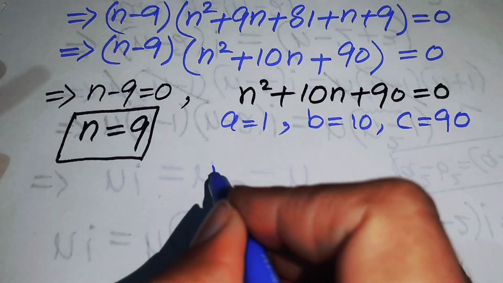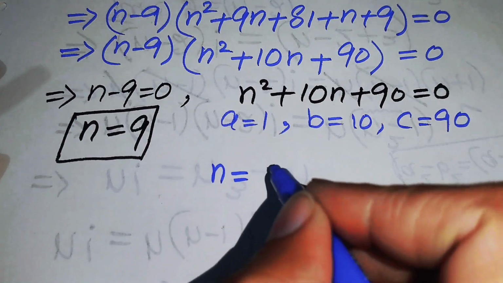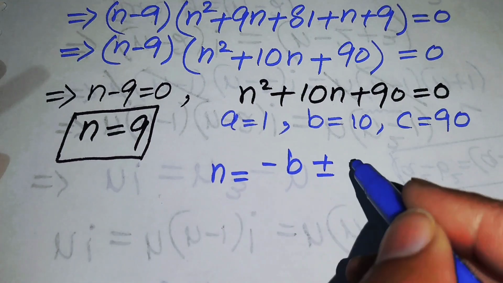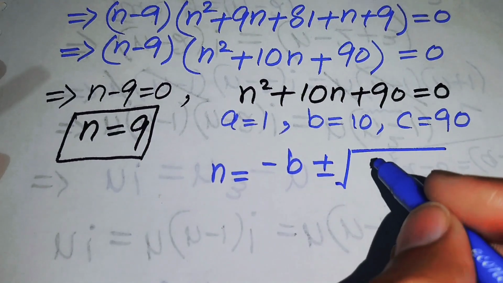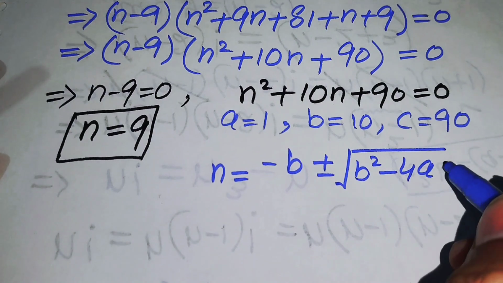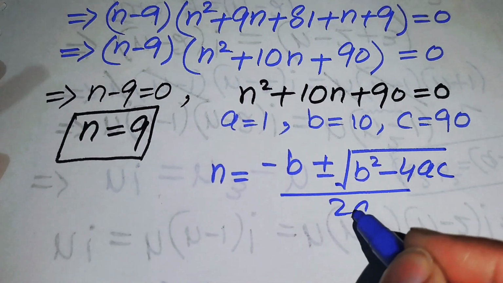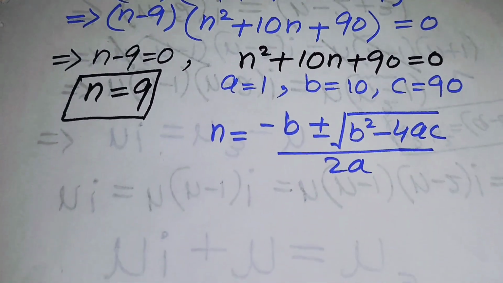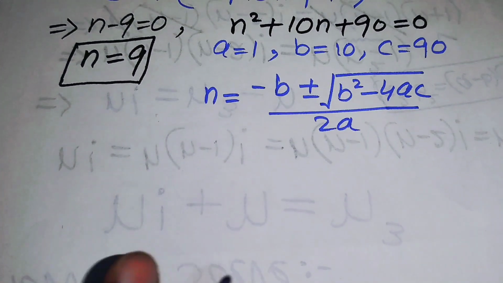And our quadratic formula looks like this: n equals minus b plus minus square root of b squared minus 4ac, over 2a. So this is our quadratic formula, and now we put all the values of a, b and c in this formula, and we get its output in this form.